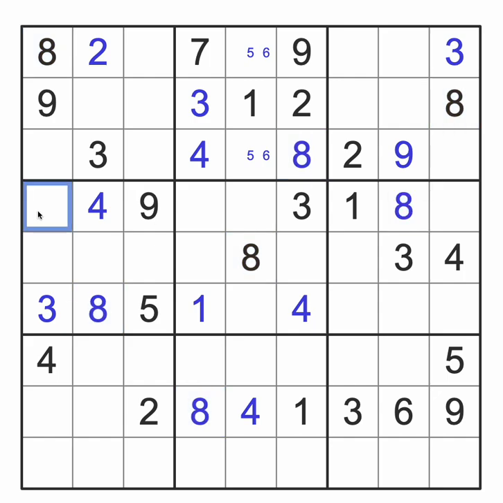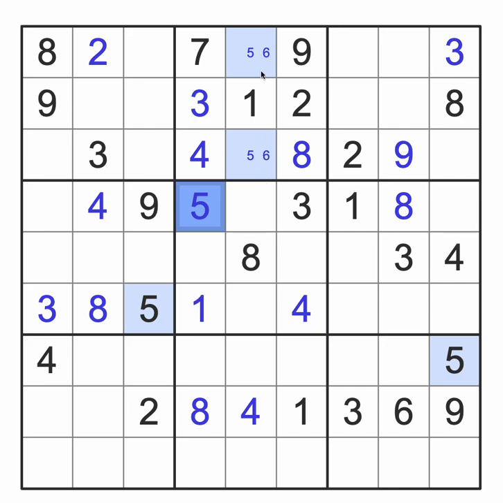So that means I can place 5 on row 4. This cell is blocked by 5 in box 4. And this 5, 6 double means I cannot place 5 in this cell because 5 will be placed in one of these two cells. 5 in box 9 blocks this cell, gives me 5 here.